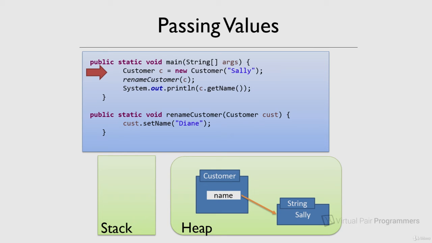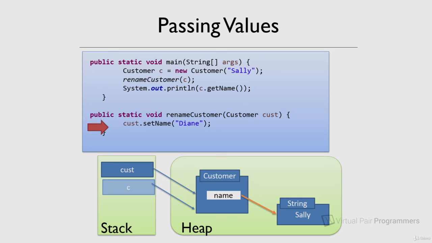And then a variable will be created on the stack pointing to the customer object. When we call rename customer, because we pass a reference to the customer by value, a new variable will be created on the stack called cust, which will be given a copy of the pointer to the customer object on the heap.